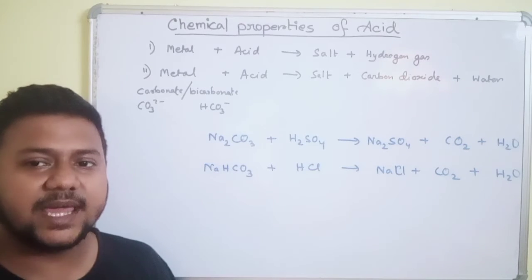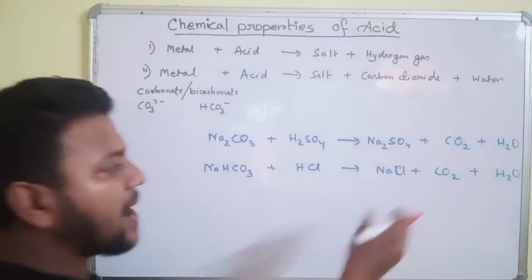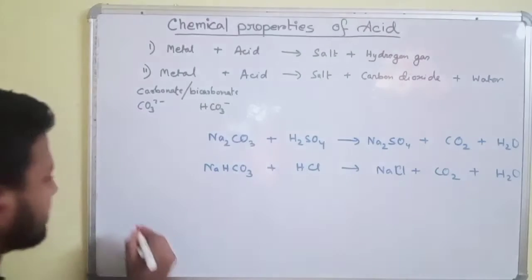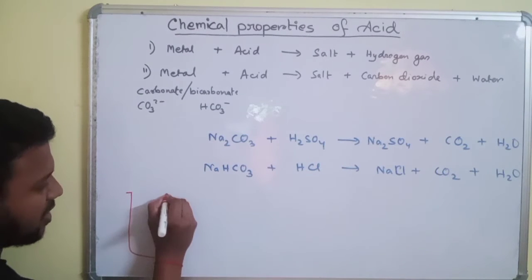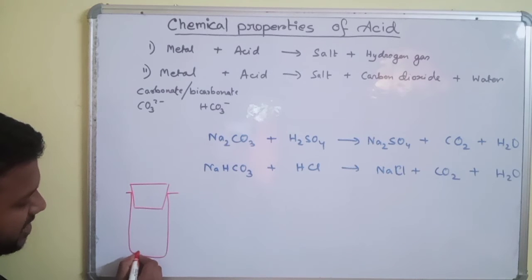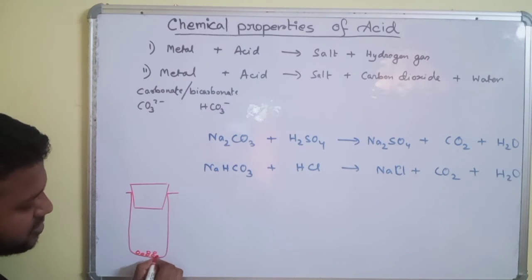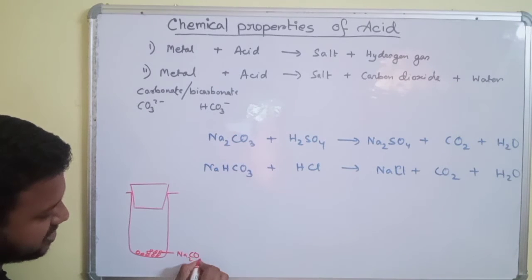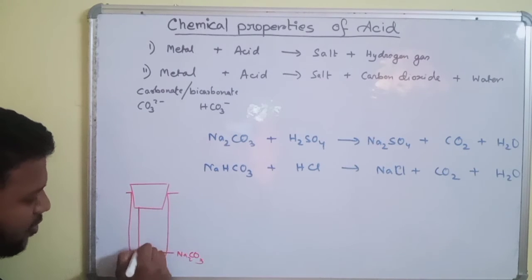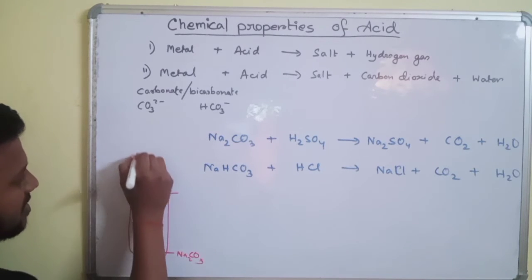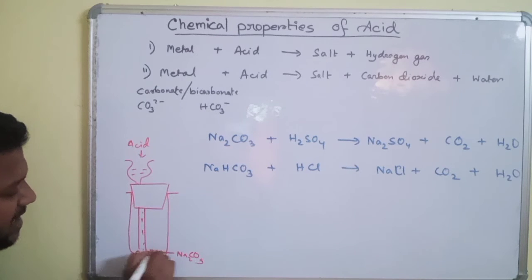So what we do, we take the same setup, okay, and we pass carbon dioxide into a lime water solution. Let us take the setup. We are taking the same setup, where we are fitting the particular test tube, keeping some carbonates in this, say, Na2CO3 is kept in this vessel, and we pour acid with the help of a thistle funnel, okay, and it reacts over here.